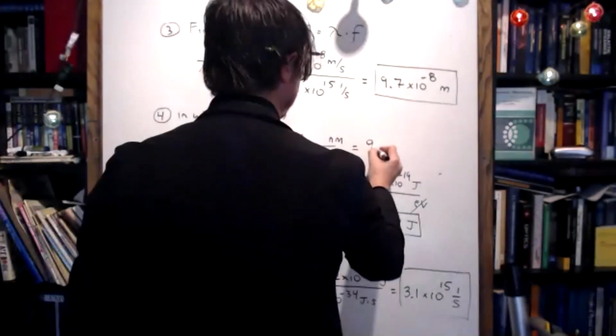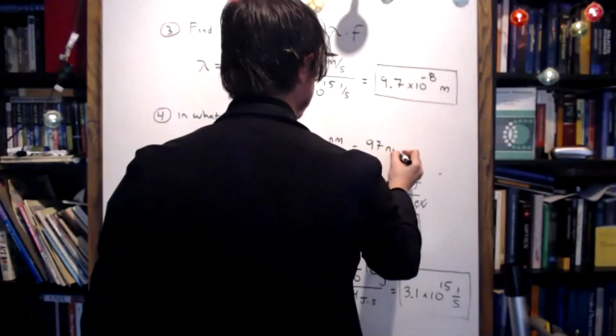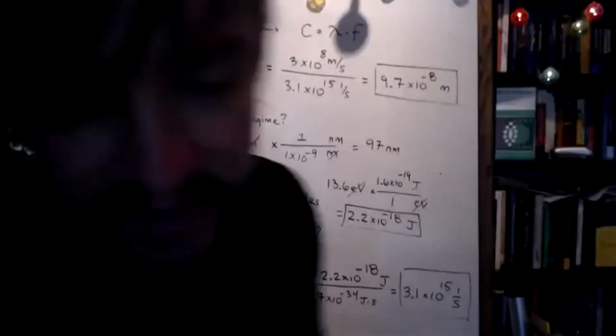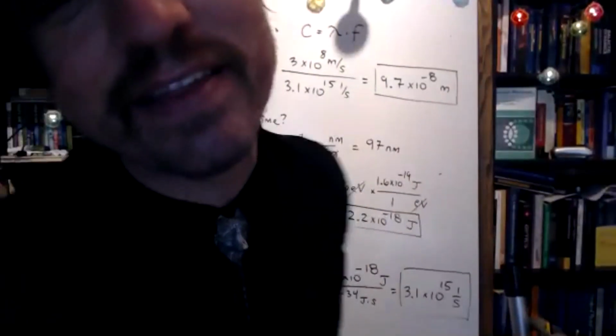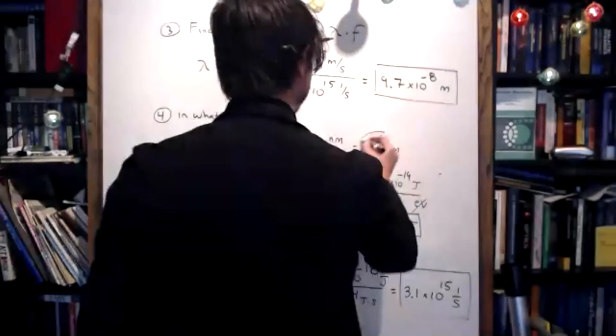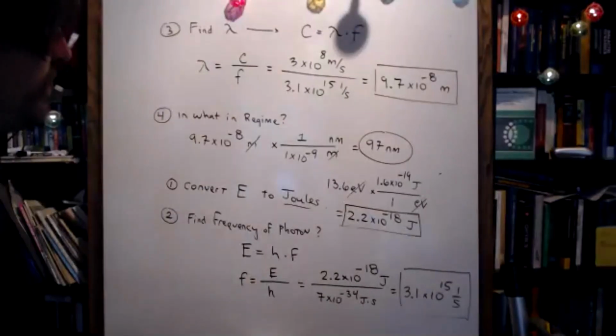Or can it? What is the right answer? It is 97 nanometers. People are always like, this can't be right, as if they knew what the right answer was. I know. It was too easy. It's never a number like that. Well, sometimes it is.